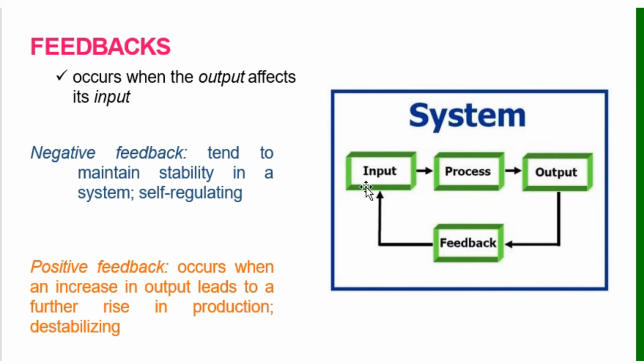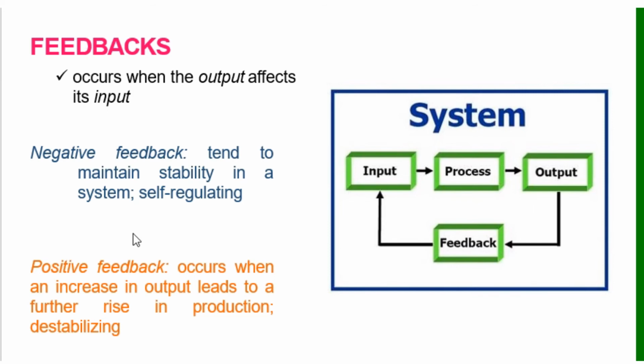We have the input, the information, the stimuli that was given already, and then it will be processed. Once it is processed, we have now the feedback, the output, which corresponds to the appropriate feedback. And so the cycle will continue.